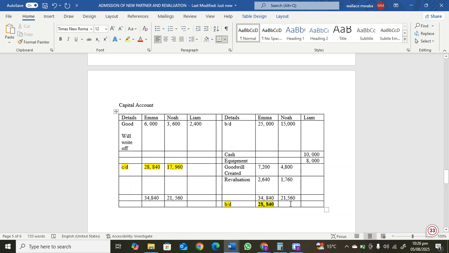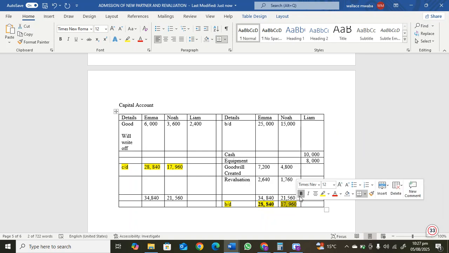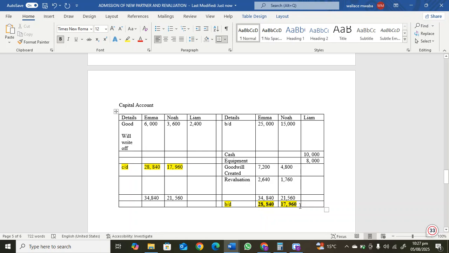So Noah's capital balance has also increased from 15,000 to 17,960.